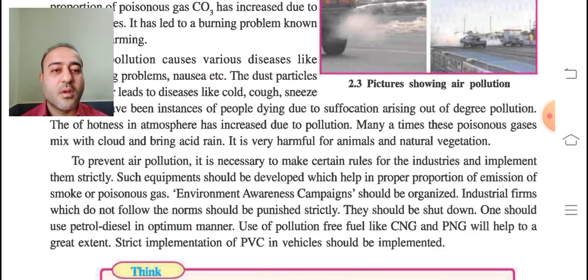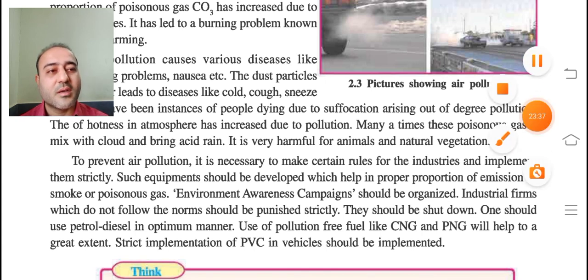Use of pollution free fuel like CNG and PNG will help to a great extent. That means CNG and PNG should be used in the optimum manner, to the maximum level, because these gases don't create pollution in the environment. Strict implementation of PUC in vehicles should be done.